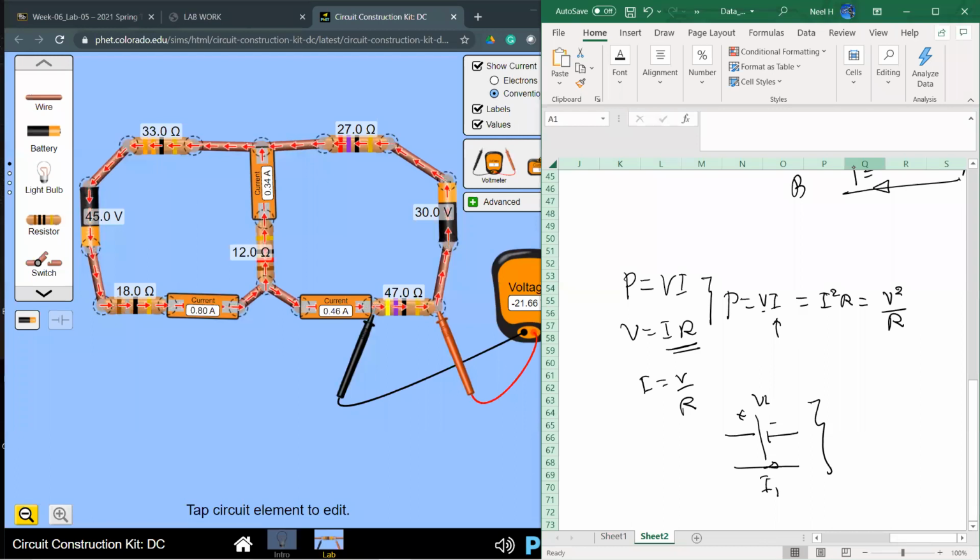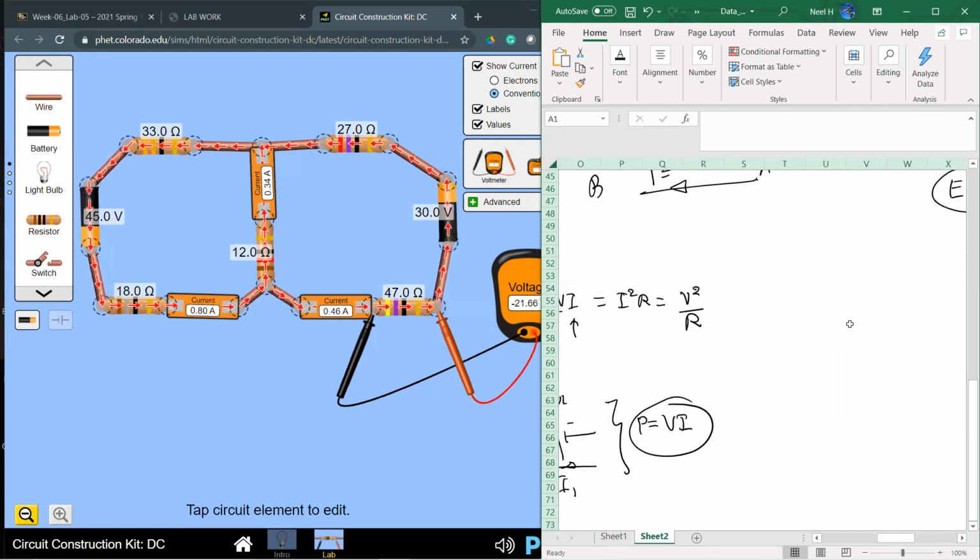So if I want to find the power supplied by the battery, I must use VI. There's no other option for the battery because we're interested in power supply there. But if I have a resistor on the other hand, let's say R1 has a current passing through I1, now that is power dissipation.